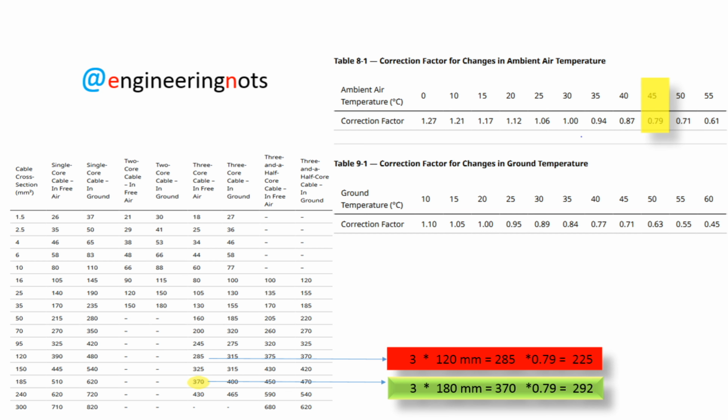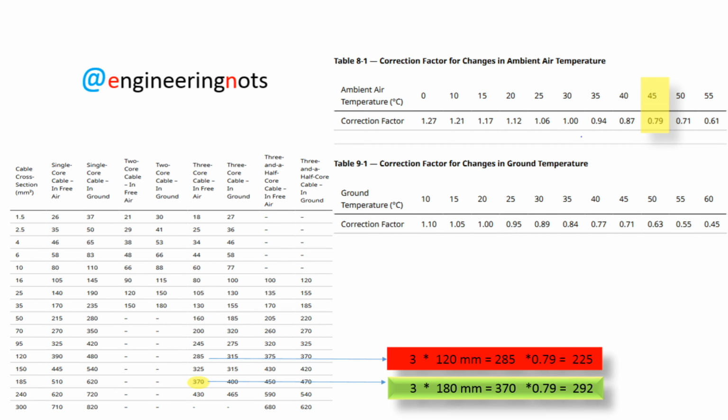For example, if you refer to the table, a 185 square millimeter cable is rated for 370 amperes. Now we calculate again. 370 multiplied by 79 hundredths equals 292 amperes.